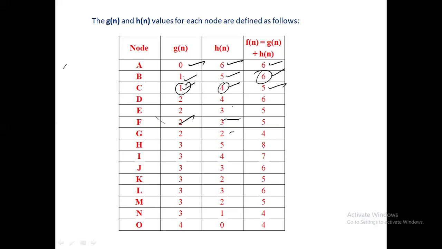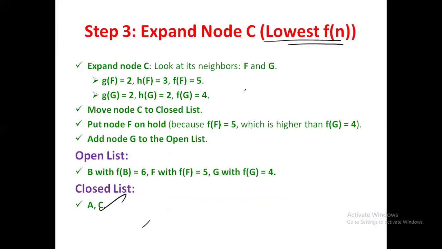Similarly, the cost to reach G is 2 plus 2, so the F of n value of G is 4. Since G has a lower F of n value than F, it is added to the open list first.